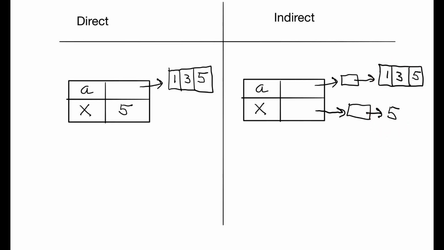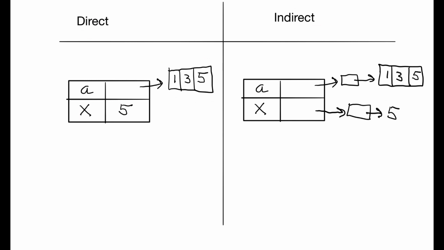So now let's talk about our data model. When we have a direct data model in our language, that means when we say a variable name, we mean the data that name refers to. So in a direct data model, when we say A, we get the array. And also if we're dealing with singular data types like integers, when we say X, we really mean the value 5.